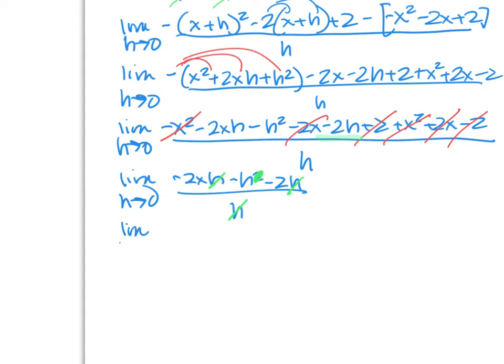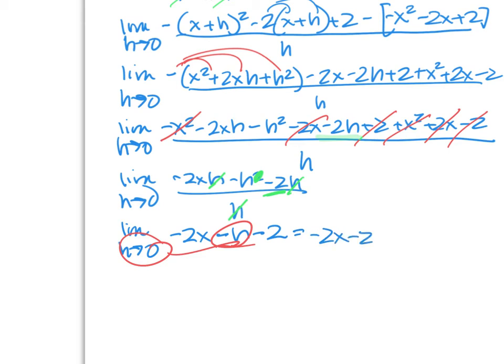So as h goes to 0, we're left with minus 2x minus h and minus 2. So everybody see how you got to be careful and not forget that minus 2. So now we can say as h goes to 0, we end up with this function. So this is the rate of change function.